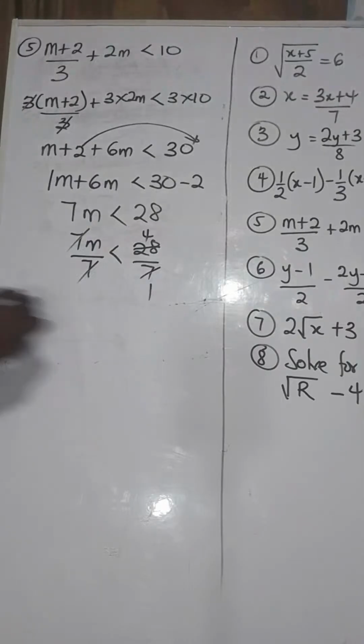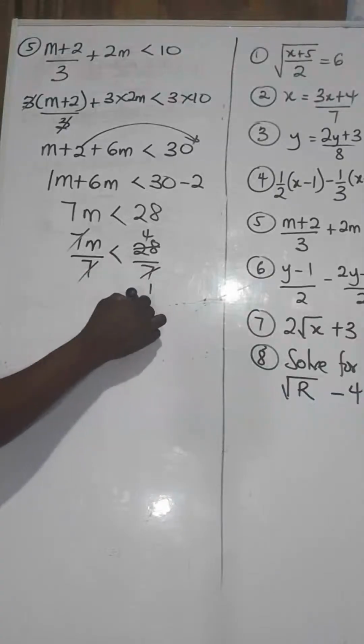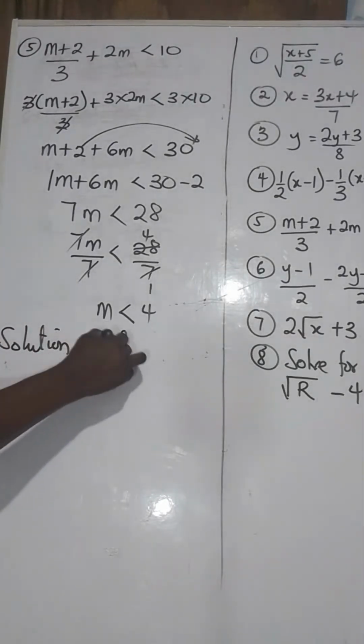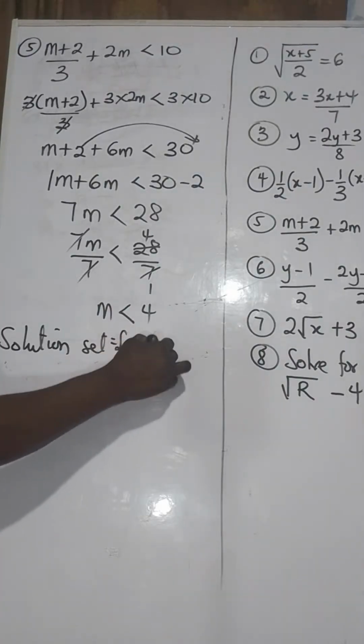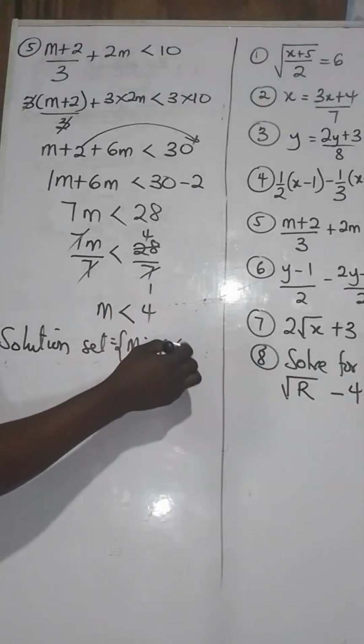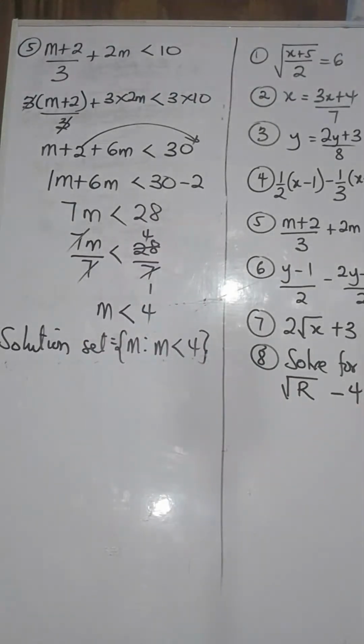So we have m less than, this is what? 4. 7 by 4, that's what? 28. So in case they are saying truth set or solution set, that will be m is like that. M is less than 4.